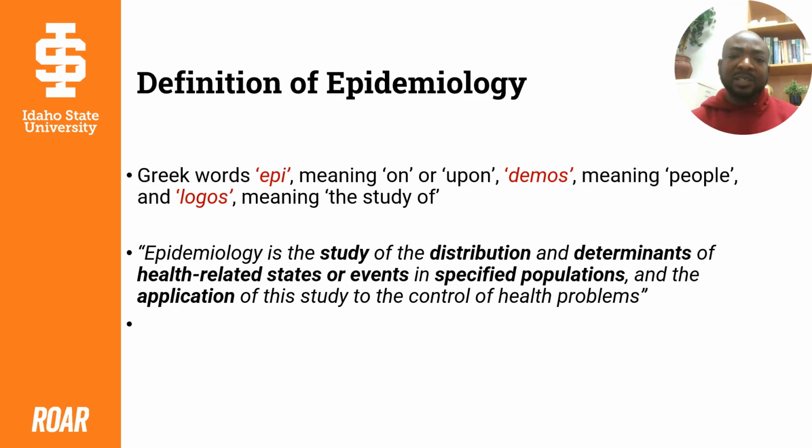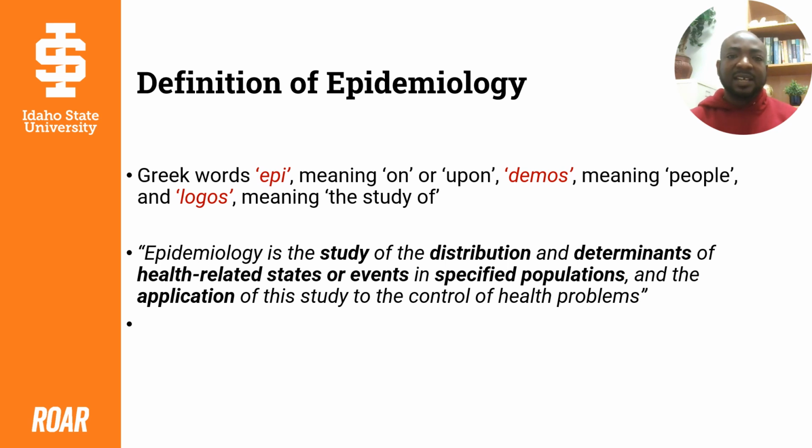The word epidemiology comes from the Greek words epi, meaning on or upon, demos, meaning people, and logos, meaning the study of. In other words, the word epidemiology has its roots in the study of what befalls the population.